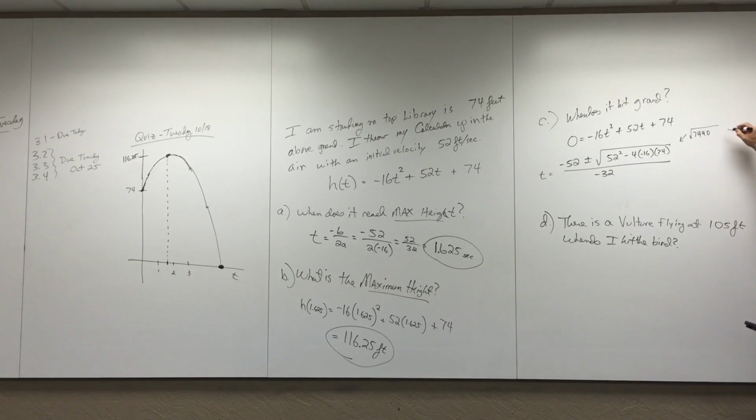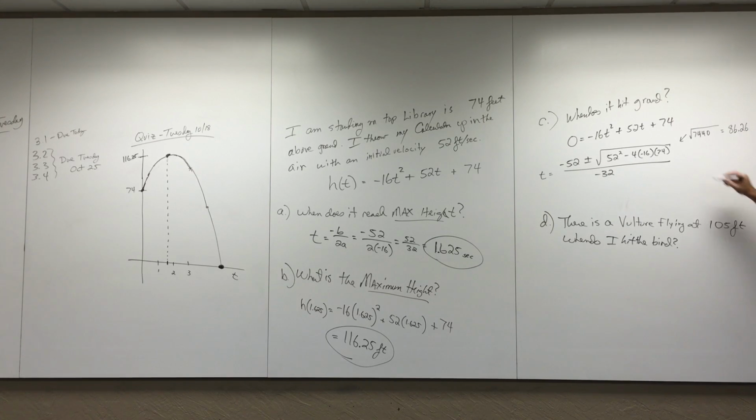And now what is the square root of 7440? Like I said, I don't want to simplify it exactly, I want to use my calculator and make it a decimal. What is the square root of 7440? 86.26. This is where I'll round this. 86.26. You guys okay?